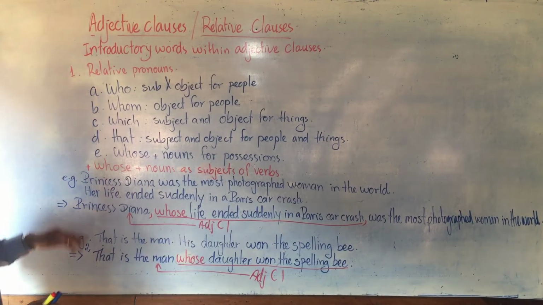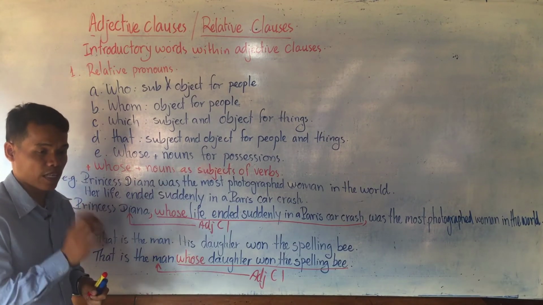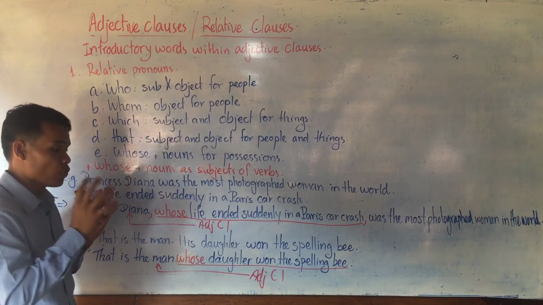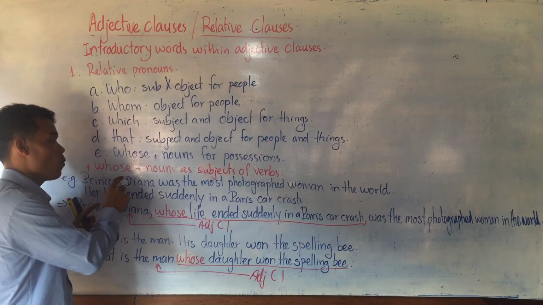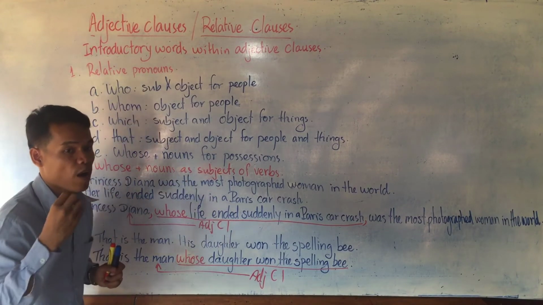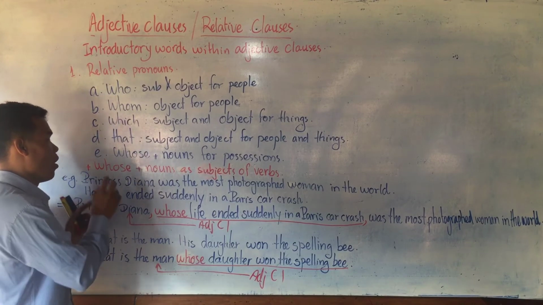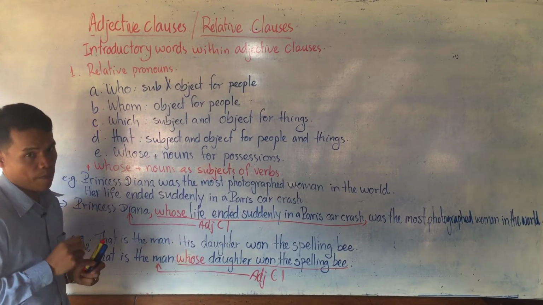Again, whose plus noun for possession as a relative pronoun or relative adjective here. When we use whose plus noun, we have two ways. One, we use whose plus noun as a subject of our verb, and the other, you can use whose plus noun as the object of a verb or preposition.